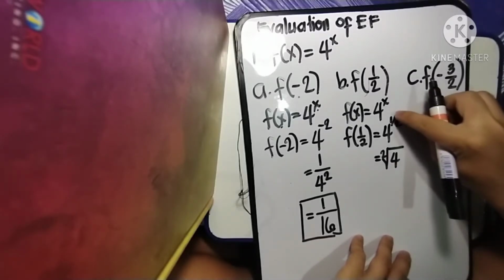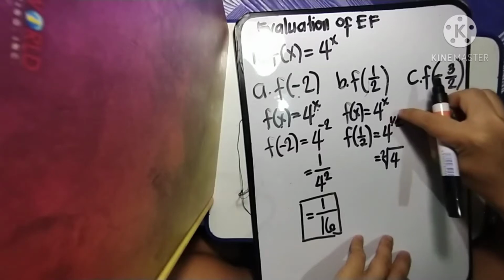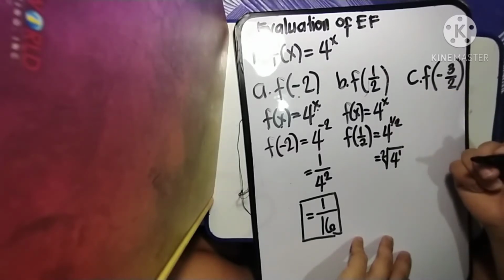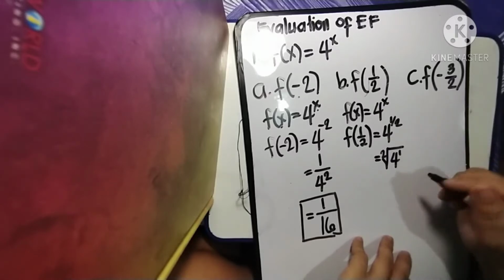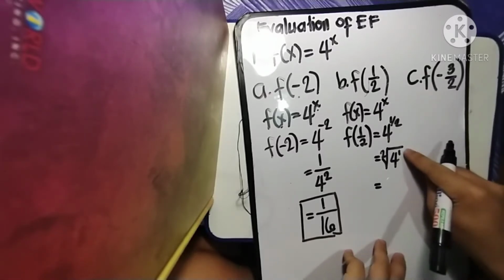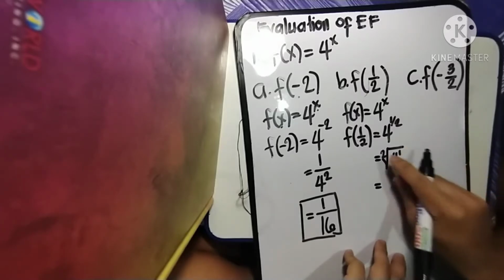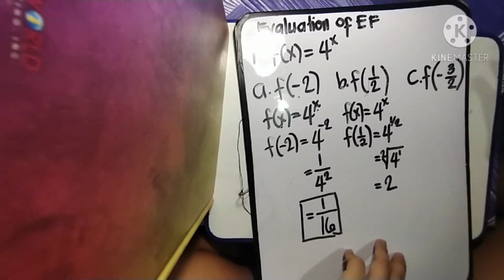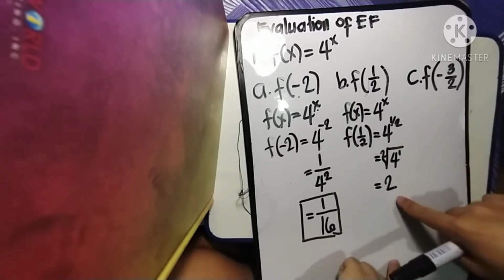Then the numerator of the exponent will become the exponent of our base, which is 4. Then simplify. So 4 to the power of 1 is just equal to 4. Square root of 4 is positive 2.